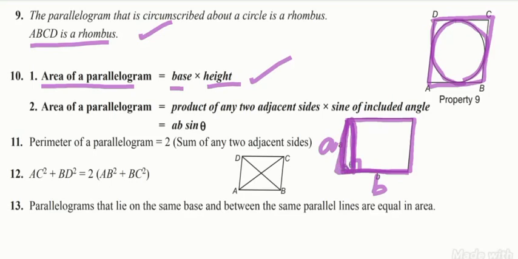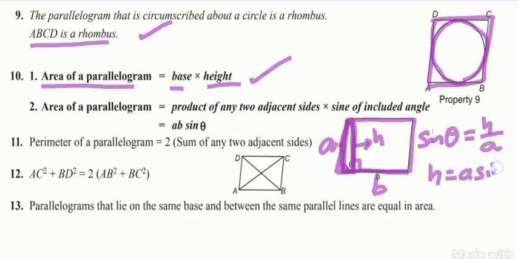Here they gave angle theta. So you can apply the formula opposite side by hypotenuse. So sin theta is equal to opposite side, this will be h by a. I want h now. h is equal to a sin theta.